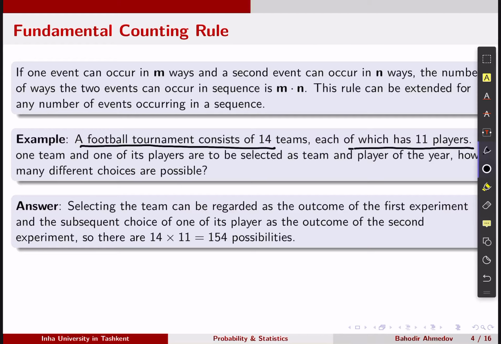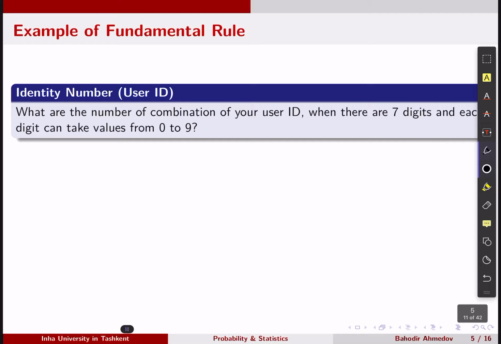So 14 teams, and every team contains 11 players, and we need to choose one player, right? You just need to multiply 14 by 11. Let me give you another example, which is more tangible.